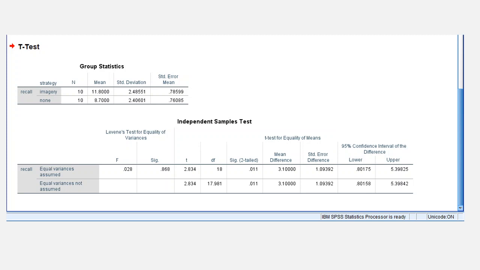Then at the bottom, we have the information that relates to your independent samples t-test, so your t statistic. That value under the t column in that first row is going to be your obtained t statistic. You move over to the column labeled significance two-tailed, and you see that the p-value listed is less than 0.05 at 0.011. Hence, our t is flagged as significant.